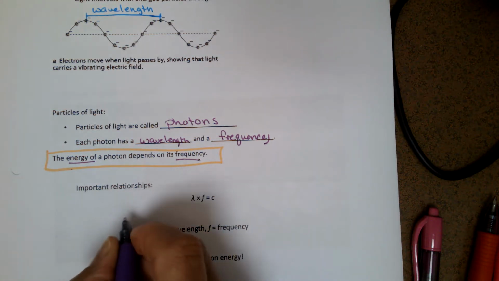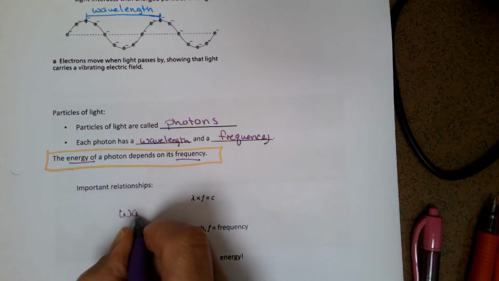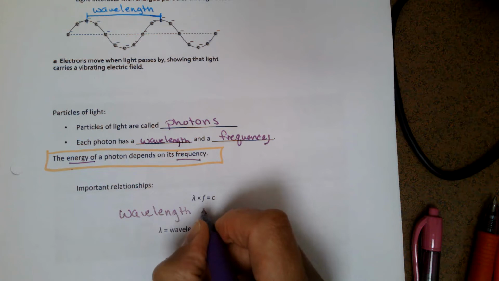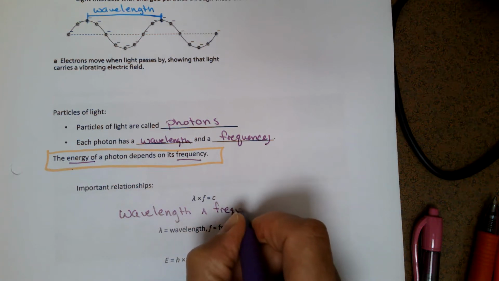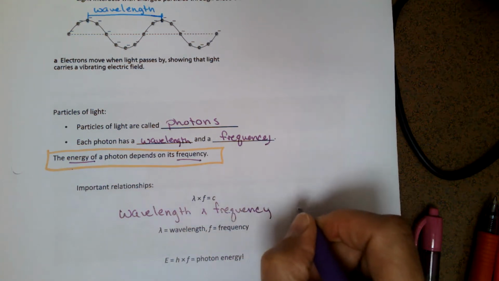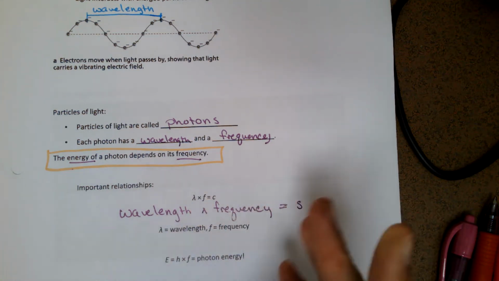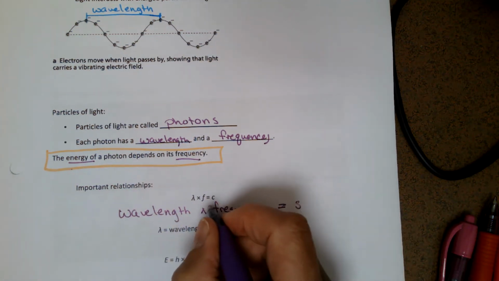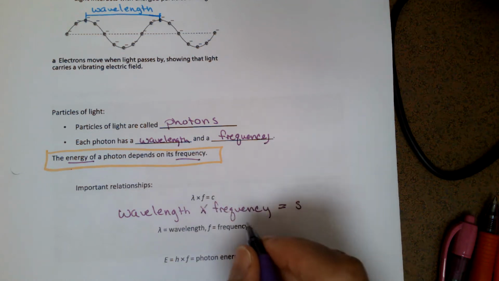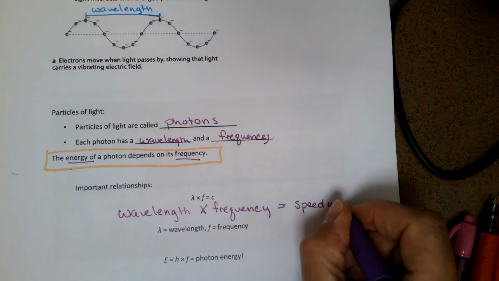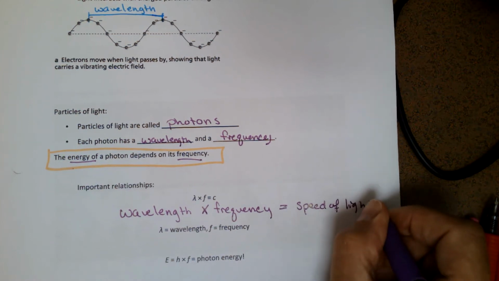So a simpler way to write this would be wavelength times frequency is equal to the speed of light. All light travels at the same speed. For any frequency and any wavelength, we'll give you the speed of light.